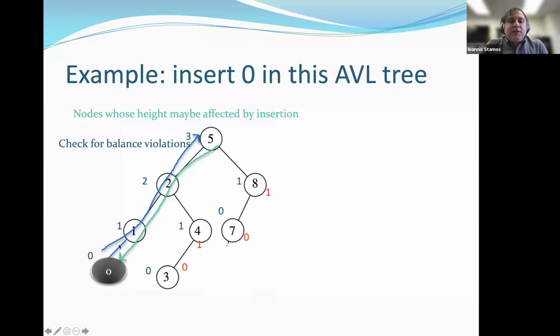And this is where you check for violations, okay? We'll see how. Basically, the only thing you do is update the heights of the nodes as you go from the insertion point to the root, and then you check for violations. Do you see any violations here as you go back from the bottom to the root? These are the heights. Do you have a violation at node 1?